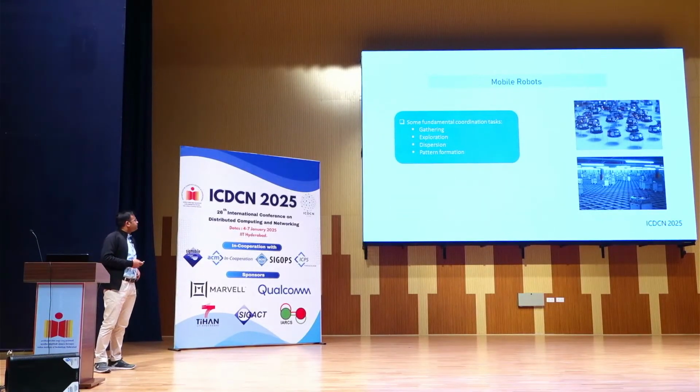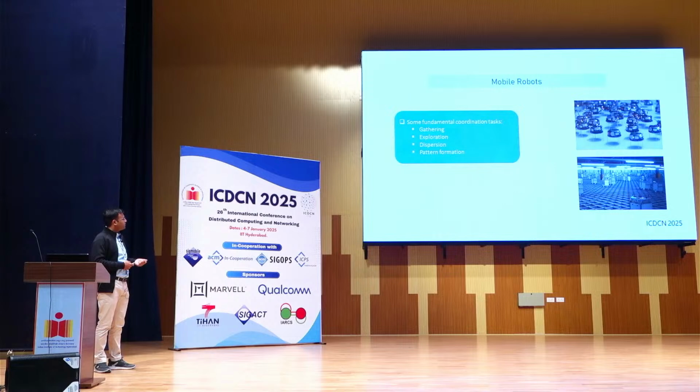Some of the fundamental tasks that have been widely studied are gathering, exploration, dispersion, and pattern formation. From the name you might be able to guess the goal of these works. Like gathering, here the goal would be to gather all the robots at a certain point.